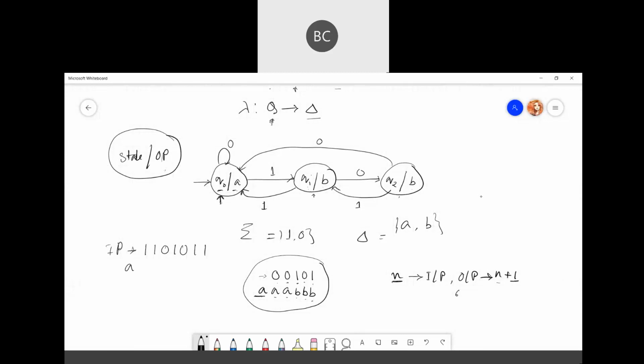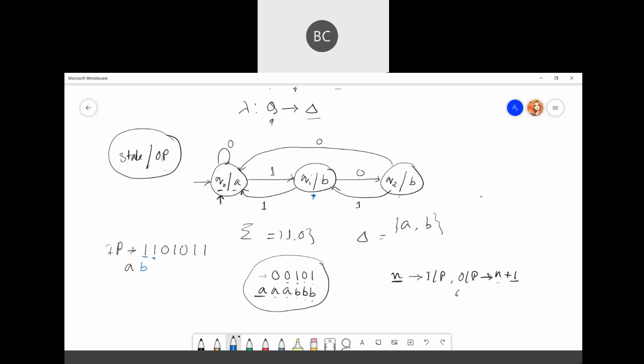Okay, now it's taking input symbol 1. So from Q naught, if you are taking 1, it is going to state Q1. For Q1, what's the output? It's B. Okay, now from Q1, the next symbol is 1 again.